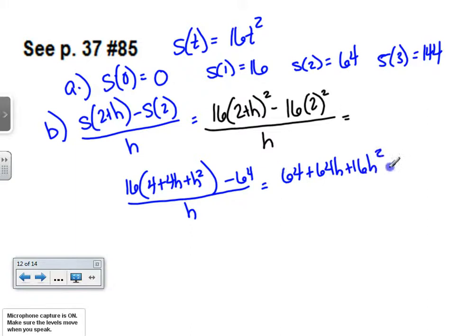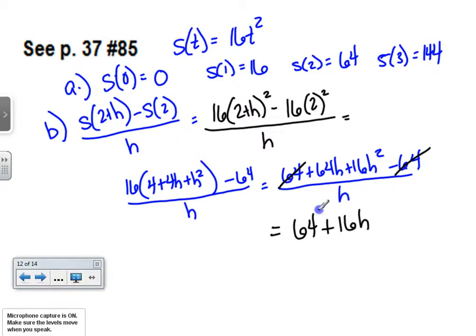When you distribute the 16, there's still a minus 64 off to the side, still all over h. And we should notice a ton of stuff canceling. And if everybody is divided by the h, you get 64 plus 16h. I'm going to hold on to that because I have a feeling you're going to make me use it in the next part of the problem.